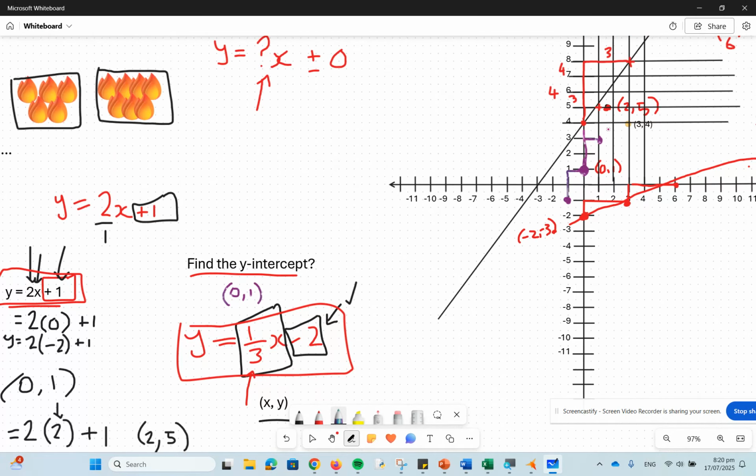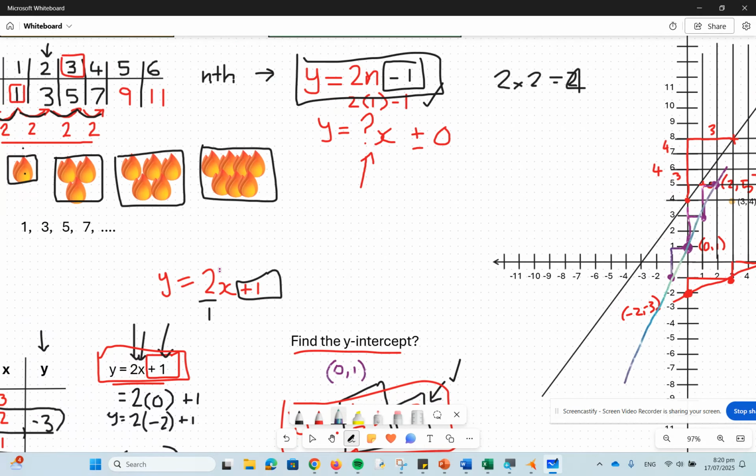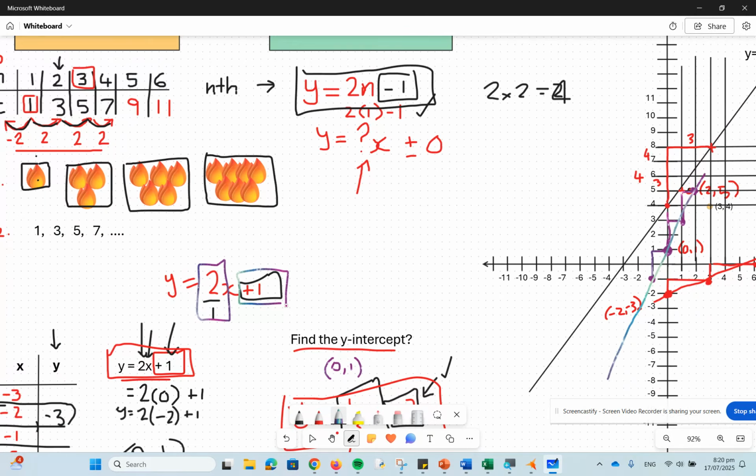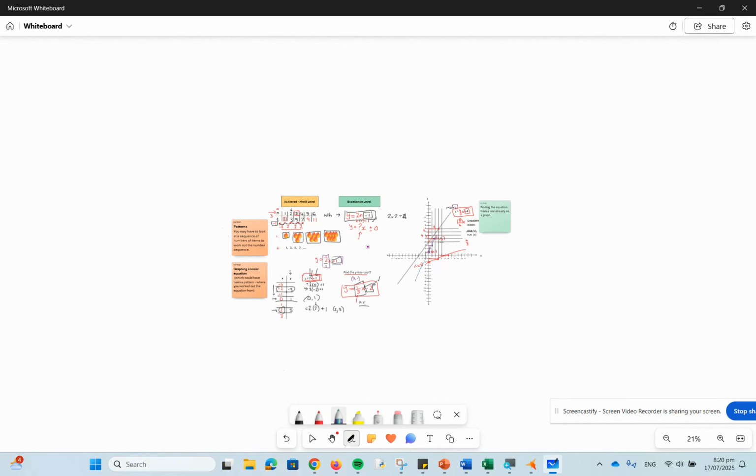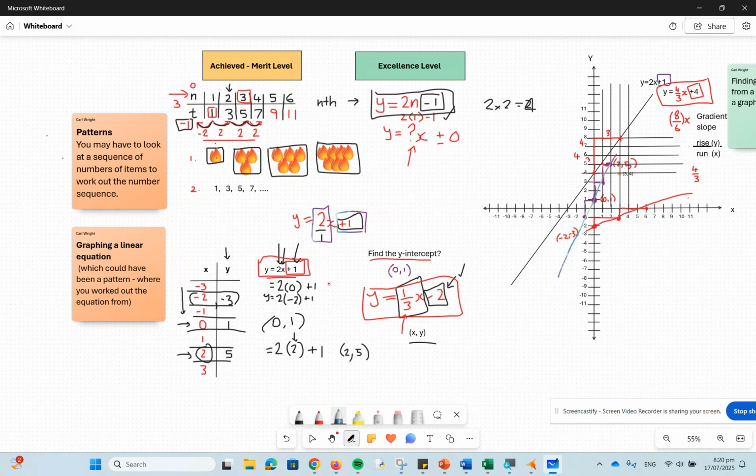And if I go from the other point I did here, up 2, 1, 2, and across 1, here's my next point. I can draw my line, can't I? I can work out my line just by going 2 over 1, up 2, across 1, starting at my y-intercept.